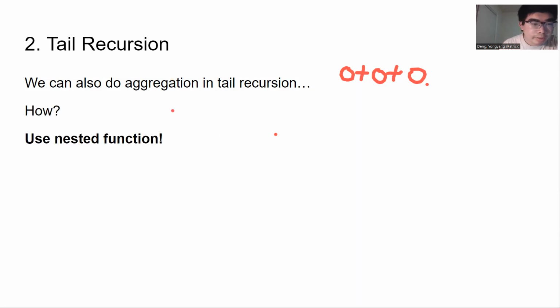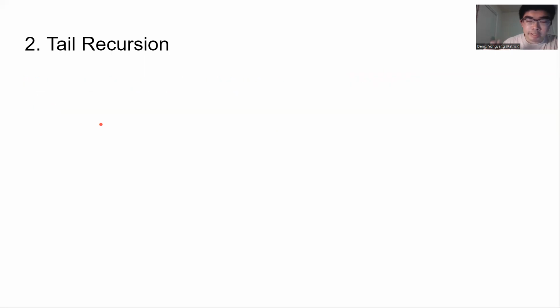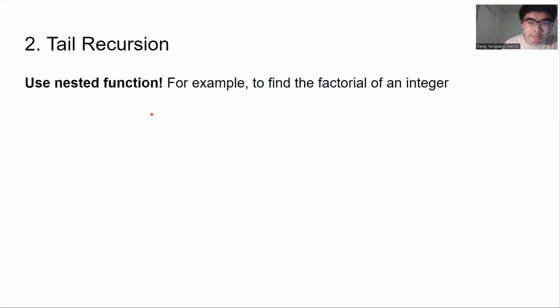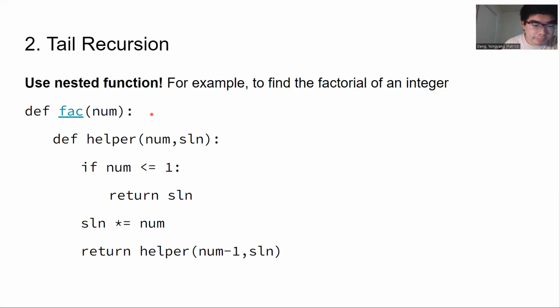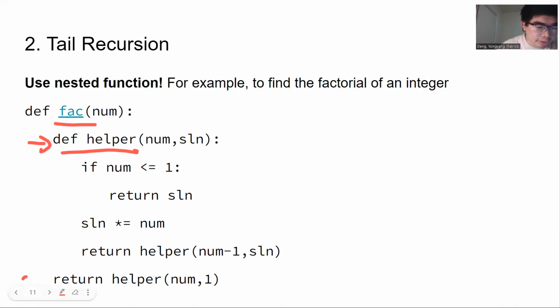So we can use nested functions. We can insert a function into another function, and then call it. We have a nested function inside the function, and we call it by passing in our input and an auxiliary variable, and then we can run the tail recursion in this function.